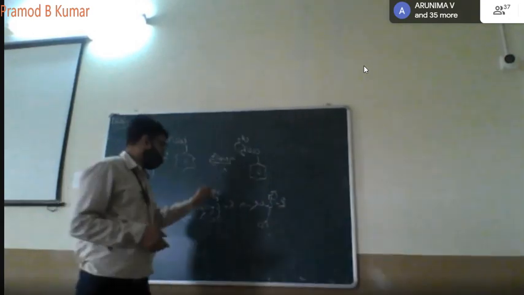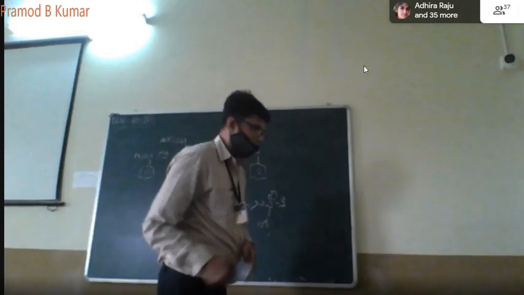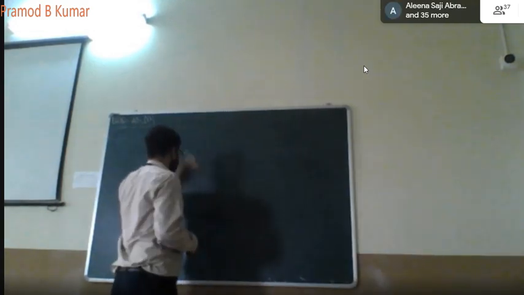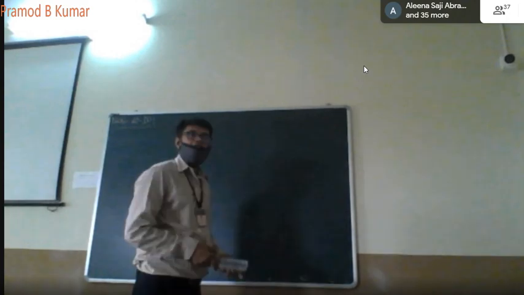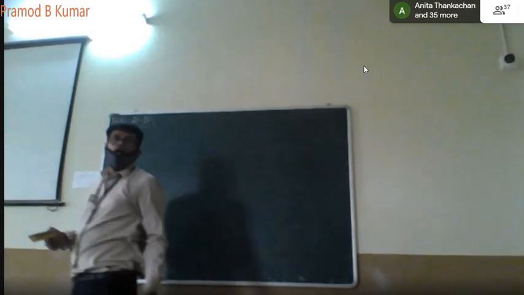So aniline gets converted to a diazonium salt. So what is the next step? The diazonium salt which is formed, you have to do it at 0 to 5 degrees. If you don't do it at 0 to 5 degrees Celsius, your diazonium salt will break up.